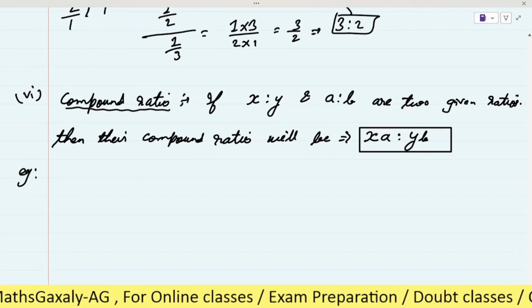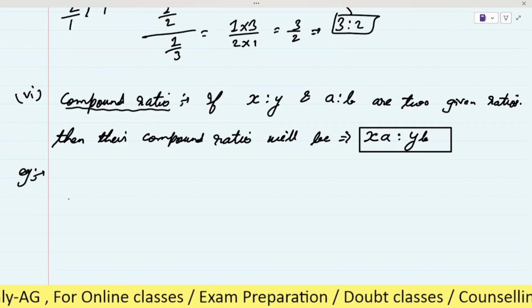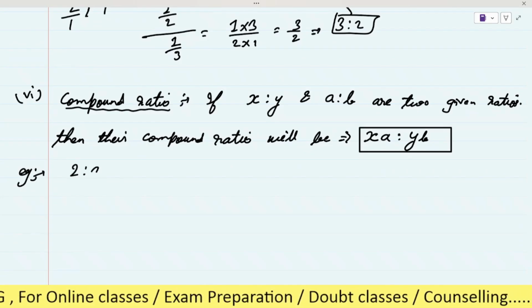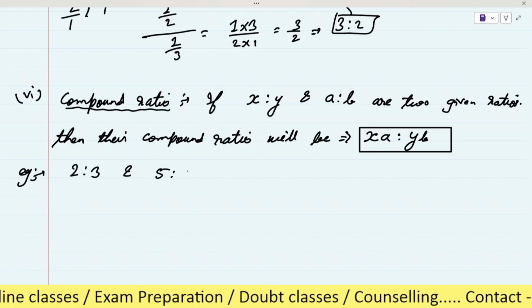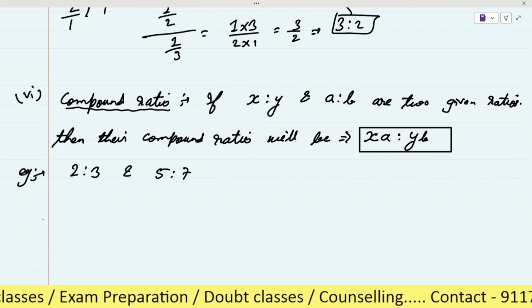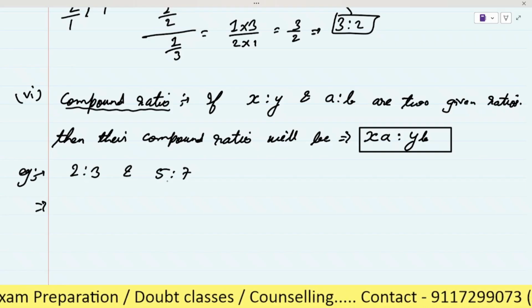As an example, if they ask to find the compound ratio of 2 is to 3 and 5 is to 7, two different ratios are given.